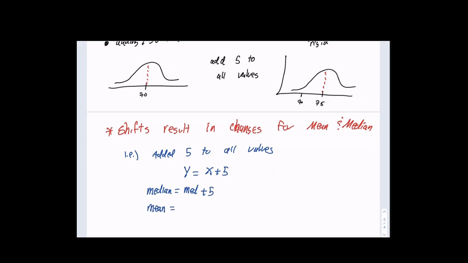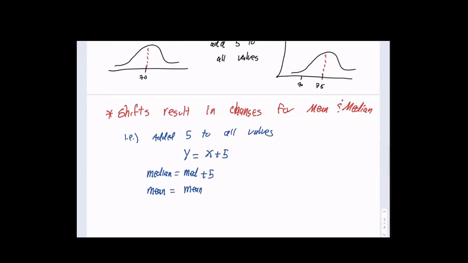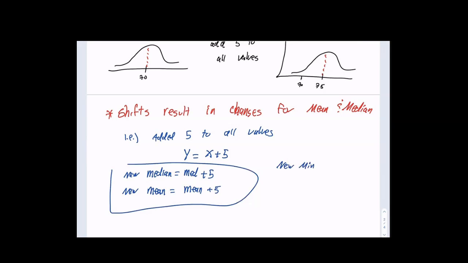My new mean would be the previous mean plus 5. What about, okay, so that's the big kicker. What's my new minimum if I added 5 to all the values?